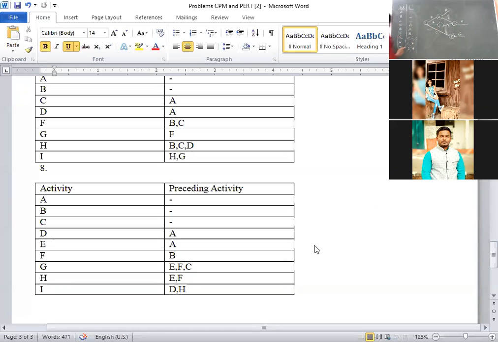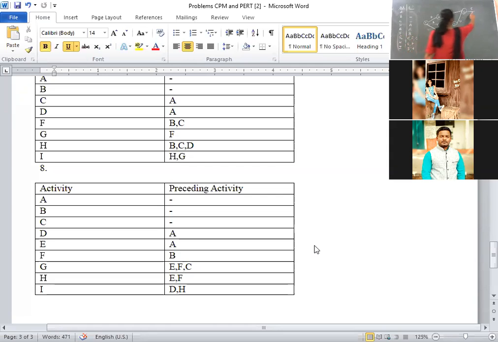Next, D and H are completed, then I. Straight line you have to draw. No curves are allowed. Then how to draw? D and H are completed, then I. What is the start node?